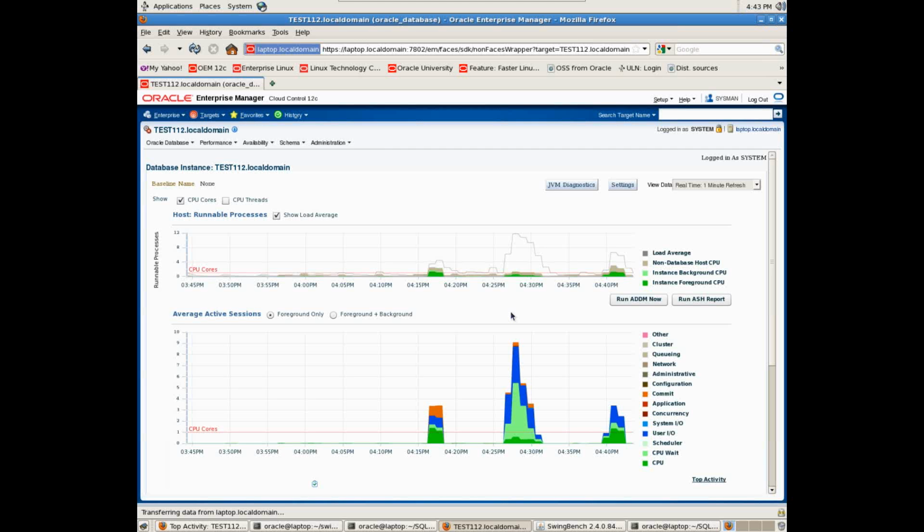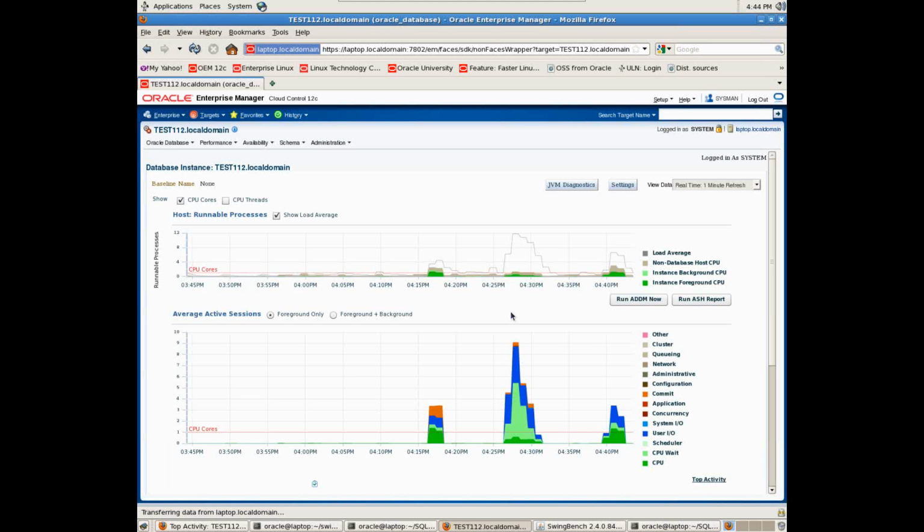But fundamentally, he said a sentence which stuck with me for a long time and is worthwhile for you to think about. He said, well, that's why the top activity page isn't the performance homepage. Because what tends to happen in demonstrations, and I'm as guilty of it as anybody else, is because top activity is such a fantastic page, I tend to never show people the performance homepage enough.